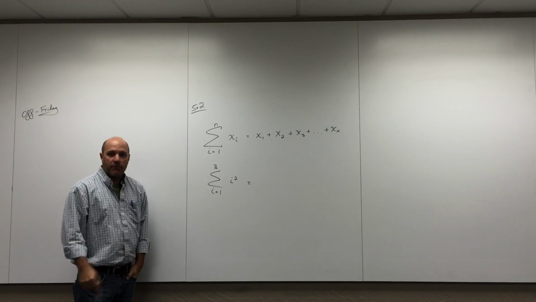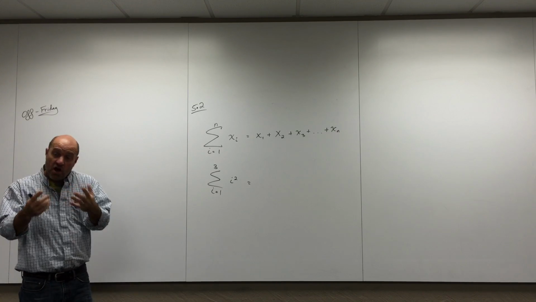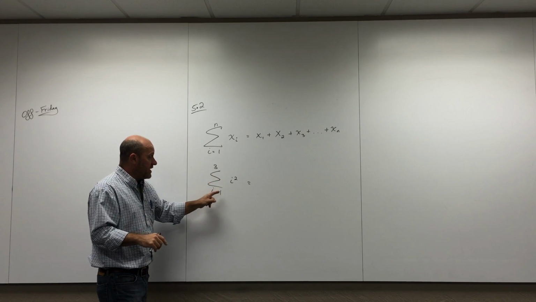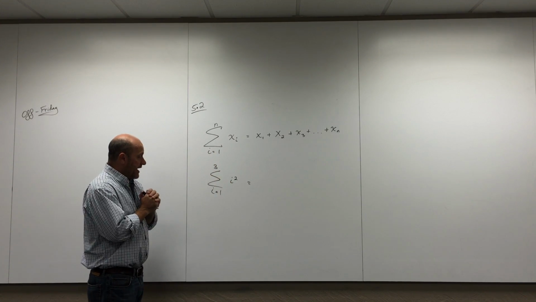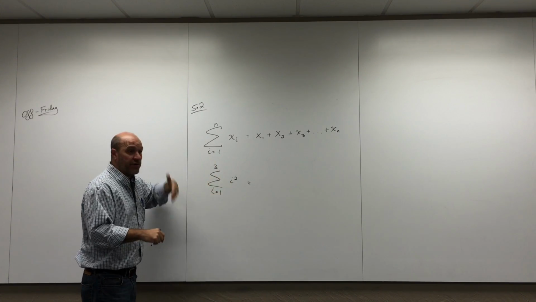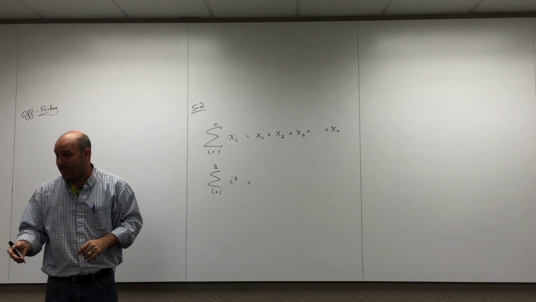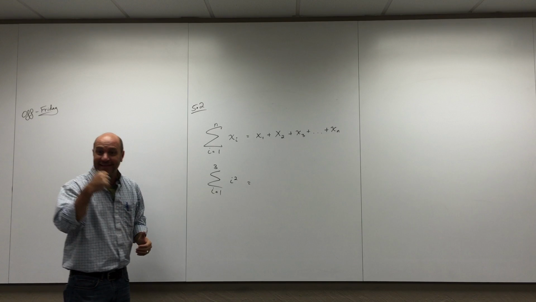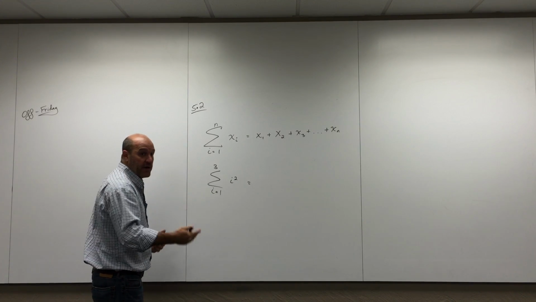This one's more specific, and so now the little i is called the index or the variable of this summation, and you go from 1 to 2 to 3. You don't stop at 1.5 or 1 3/4 or 2.7, it takes on these integer counting values, 1, 2, 3.